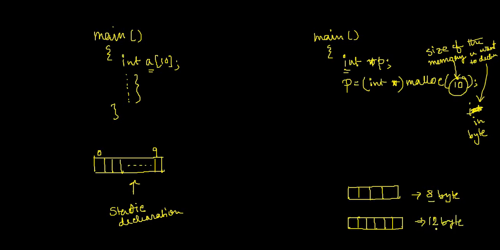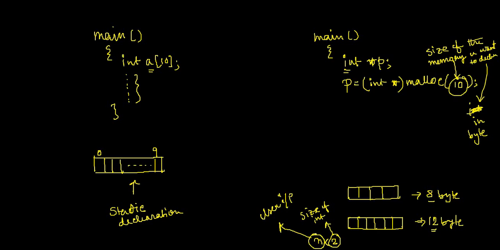So 8 or 12, it totally depends upon n into 2. What is 2? 2 is the size of an integer, 2 bytes. And n is nothing but the user input.